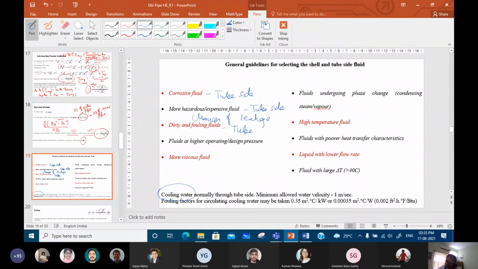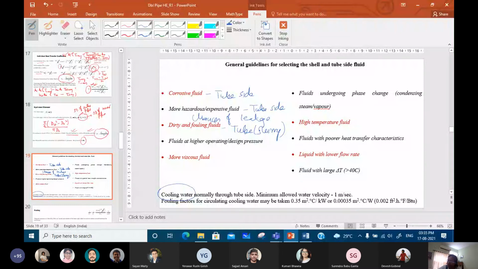Yes or no? Yes, ma'am. So when the velocity is higher, the chances of fouling and deposition are also reduced. As a result, if you have a slurry, it is always introduced on the tube side.